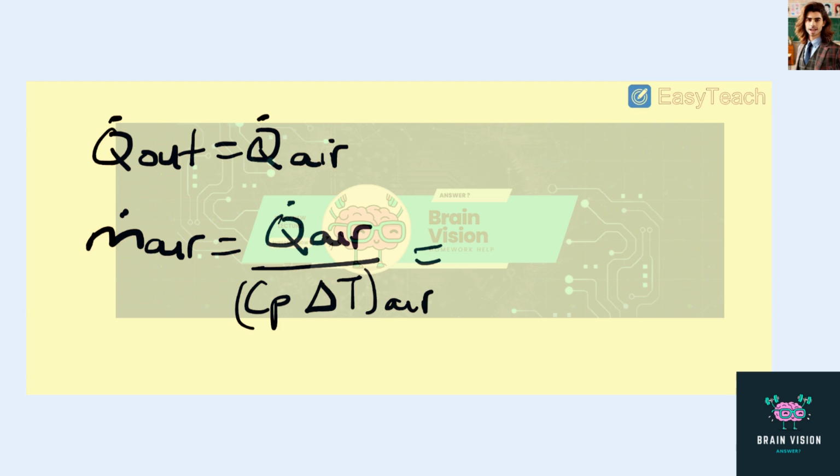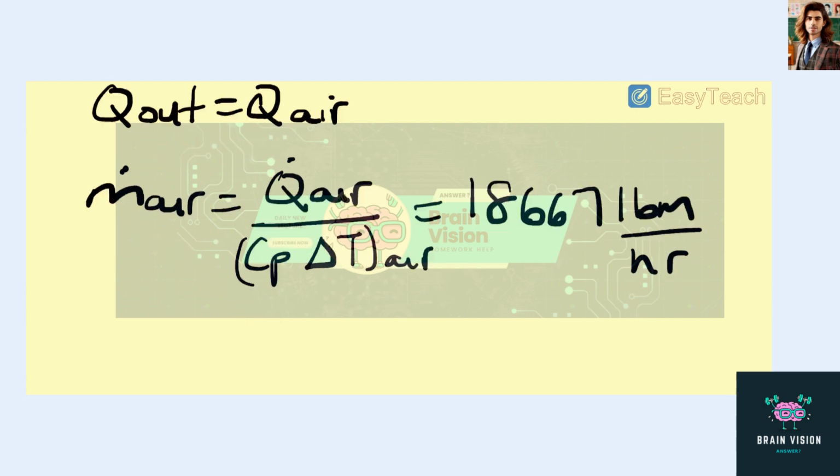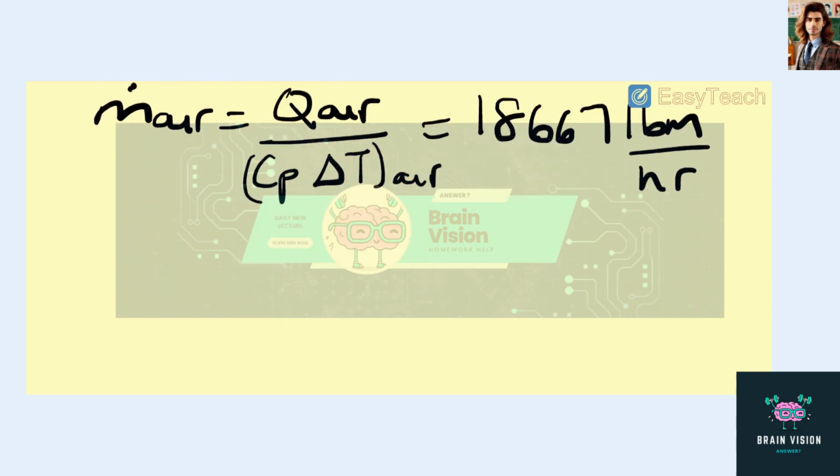And what that does is it gives us an m dot air equal to 18,667 pound mass per hour. Next, we're going to calculate the density of our air. So we can say that rho air is equal to the pressure over R times T, and this is just the ideal gas law.